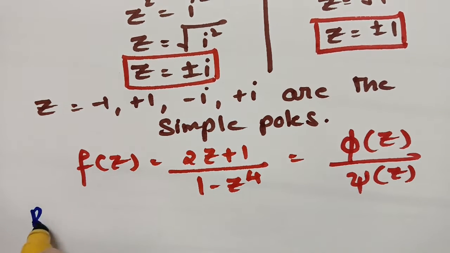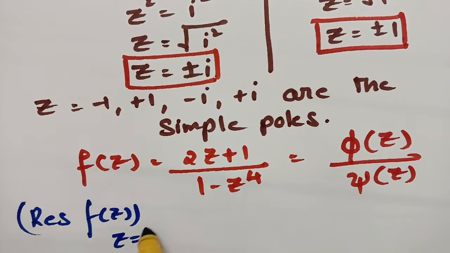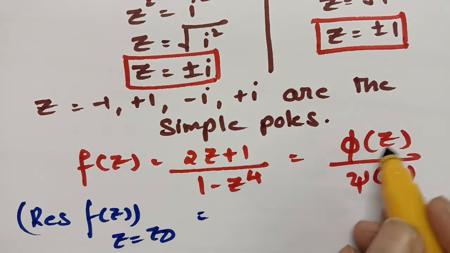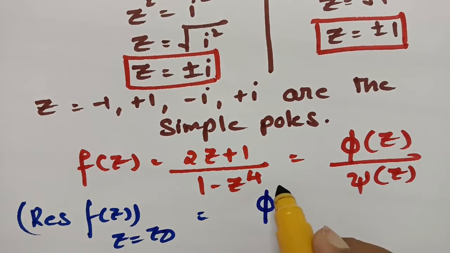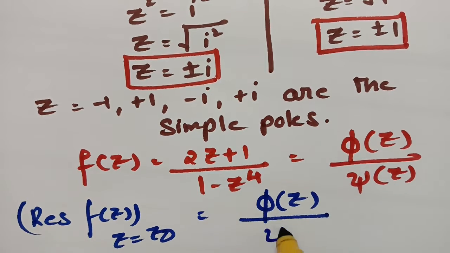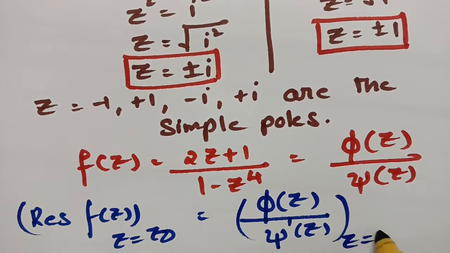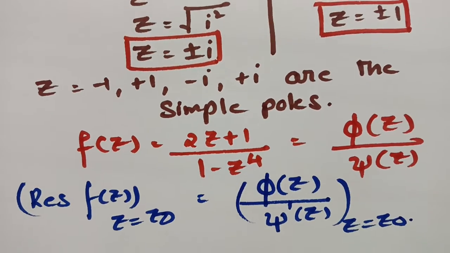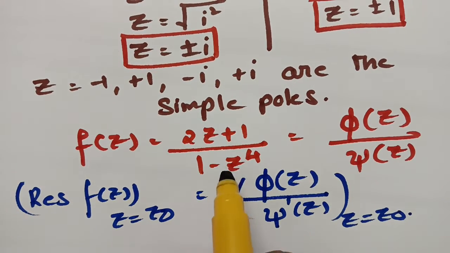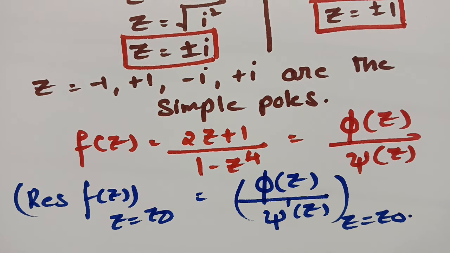The formula for the residue of f(z) at the point z = z0 is: we leave phi(z) as it is, for the denominator we take the derivative, and again we substitute the pole value. As it is of the form u by v, this is the formula which we apply for finding the residues for the corresponding poles.